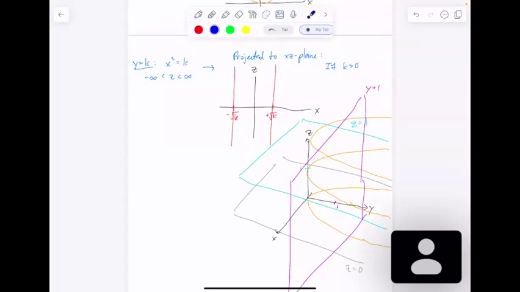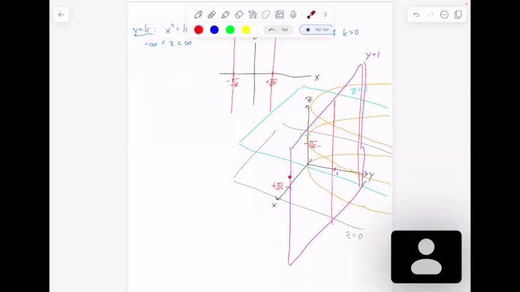Well, I look at its traces, and it's going to intersect somewhere here and maybe somewhere here. And these are exactly at minus root k and plus root k. And as I slice y is equal to 2, y is equal to 3, as I go further this way, these lines are getting further apart, right?